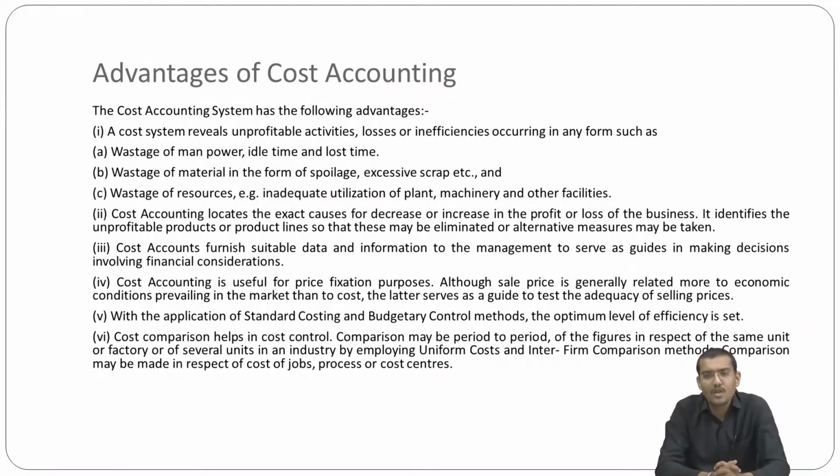So, my dear friends, the first advantage of the cost accounting system is that the cost system reveals the unprofitable activities, losses or inefficiencies occurring in the form of wastage of manpower, idle time, or we can say lost time, then wastage of material in the form of spoilage, excessive scrap, etc., and the wastage of resources.